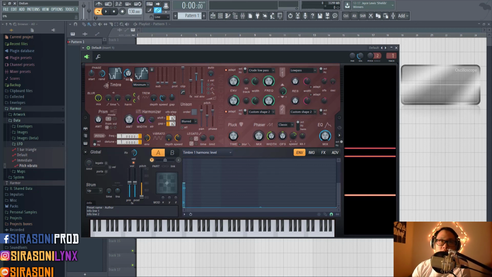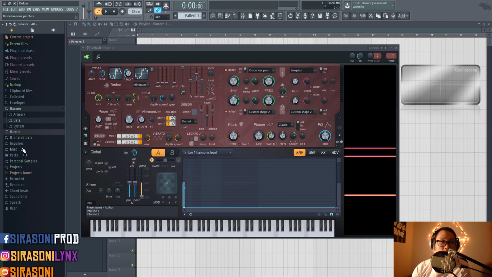Another neat trick is that you can drop your little shape right here. Where are you? Maybe in Citrus? Nope. Packs, shapes, Citrus.